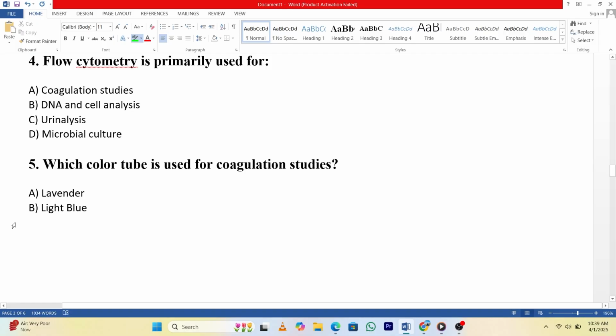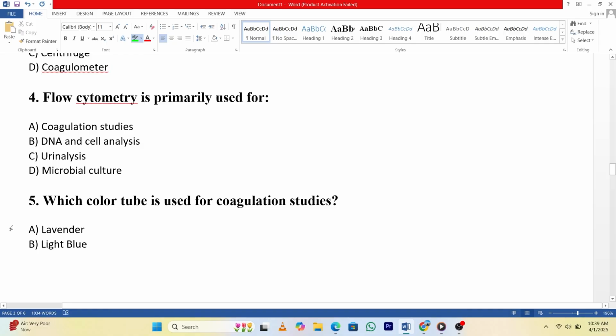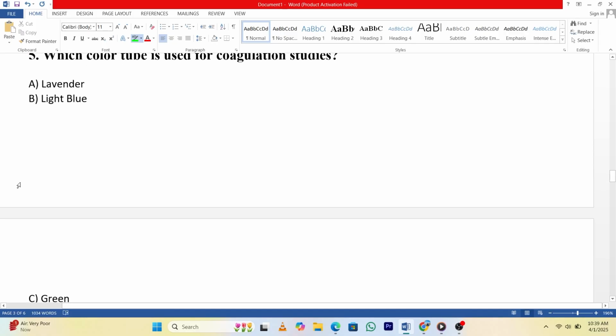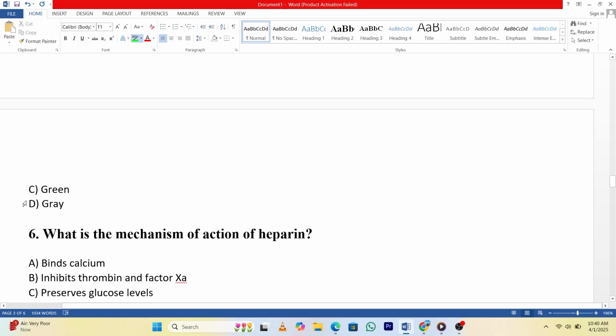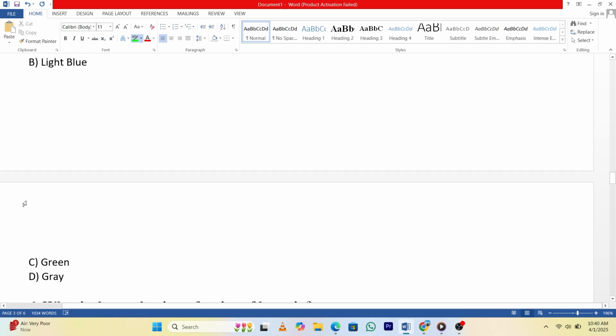B. DNA and cell analysis. C. Urinalysis. D. Microbial culture. Answer: B. 5. Which color tube is used for coagulation studies? A. Lavender. B. Light blue. C. Green. D. Gray. Answer: B.